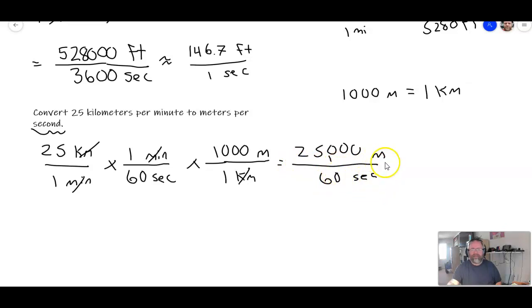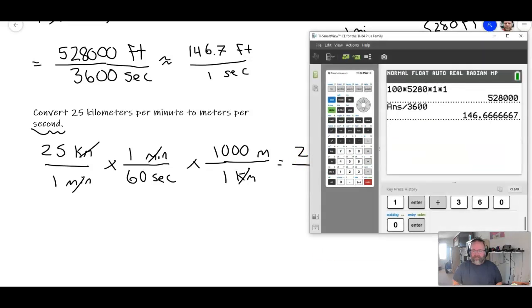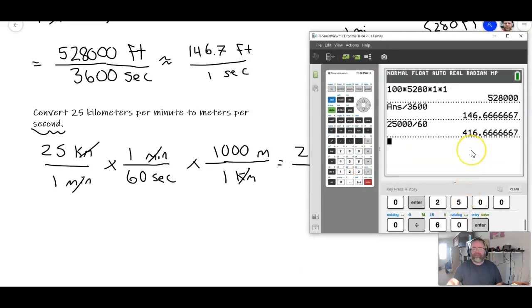Now remember, again, I want to find the number of meters per 1 second, so I can divide the 25,000 by 60. So if I do 25,000 divided by 60, I'm going to get, wow, did we just get the same exact answer that we got before? Oh, no, we didn't. That was 146. This is 416.